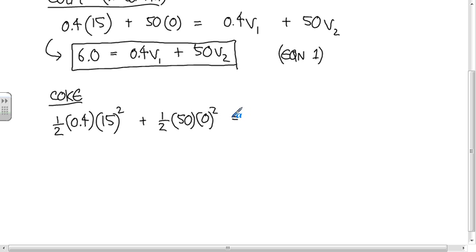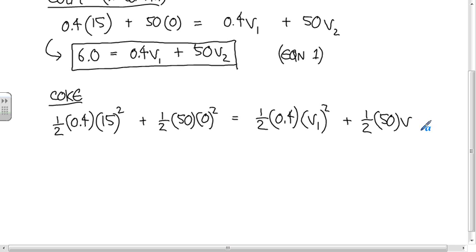After the collision, the kinetic energy of the ball is 1/2 times 0.4 times the variable representing the velocity after the collision squared, plus 1/2 times the mass of the person times his velocity squared.